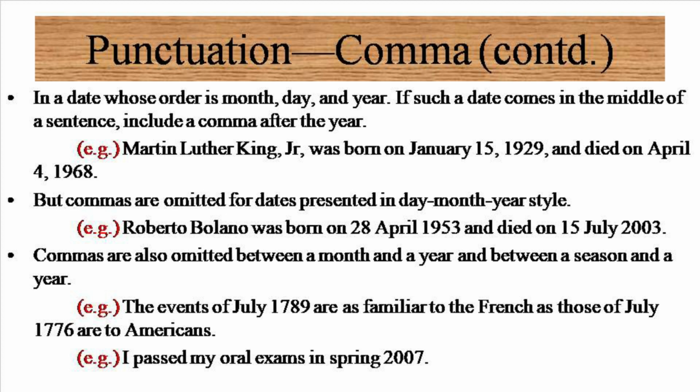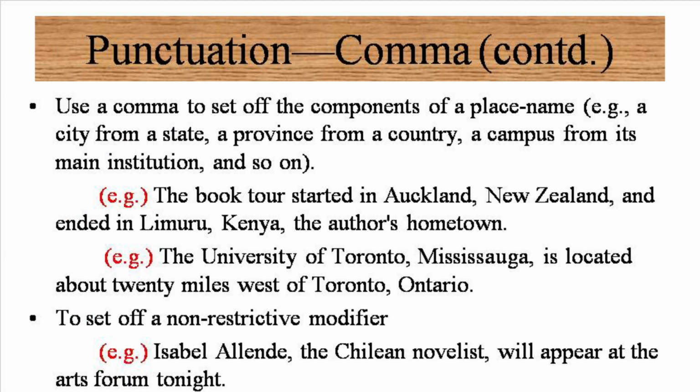But commas are omitted for dates presented in day, month, and year style. It is also omitted between a month and a year and also between a season and a year. Comma is used to set off the components of a place name and also to set off a non-restrictive modifier.